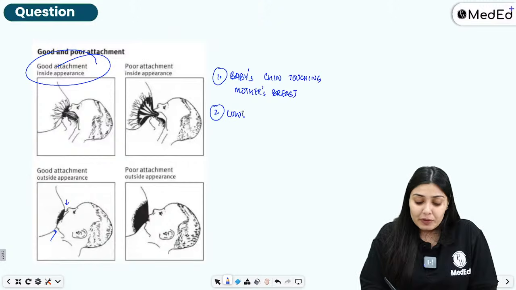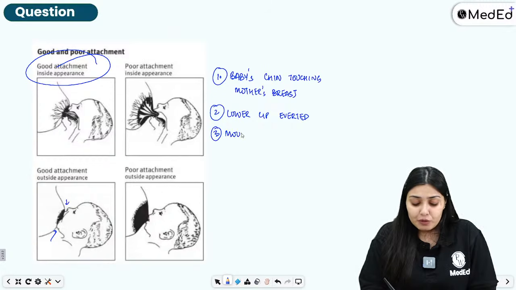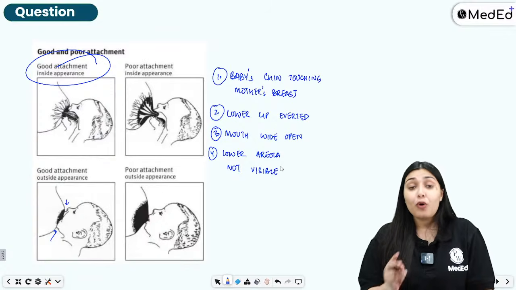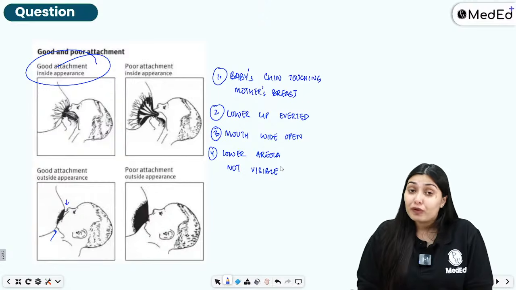Lower lip should be everted. Right? Mouth should be wide open. And lower areola should not be visible. So these are the 4 important signs of good attachment of the baby.